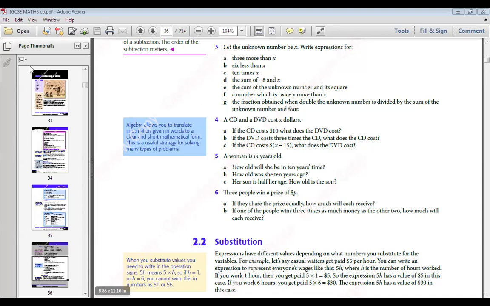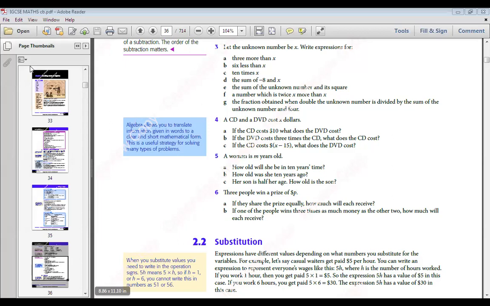Then definitely only the DVD is X minus 10, this much. And the DVD costs 3 times the CD. Then what does the CD cost? Question number A solved. Now B.